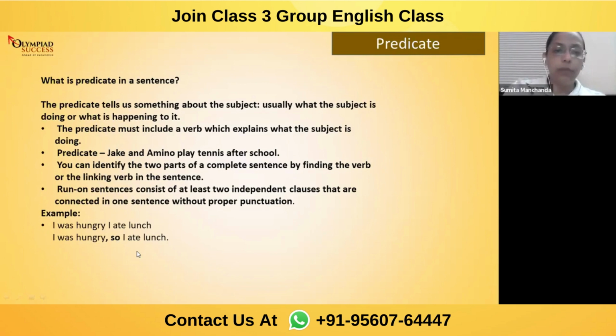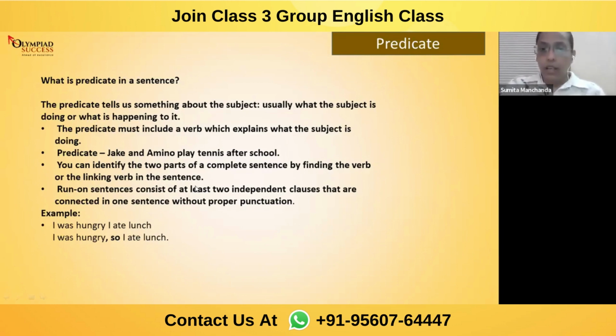Yeah, Navya, please lower your hand. Now, when we say predicate, all the words apart from the subject are taken to be the predicate. You can identify the two parts of a complete sentence by finding the verb or the linking verb in the sentence. We all know what a verb is. See this sentence: Jake and Amino play tennis after school. Play is a verb.